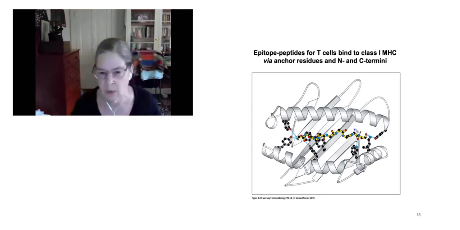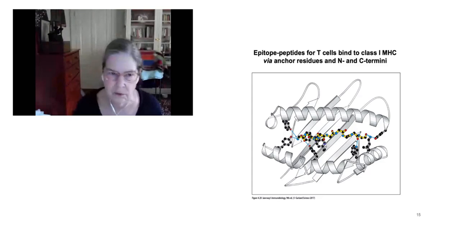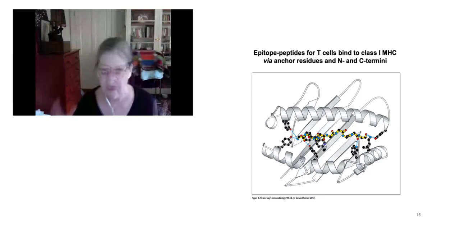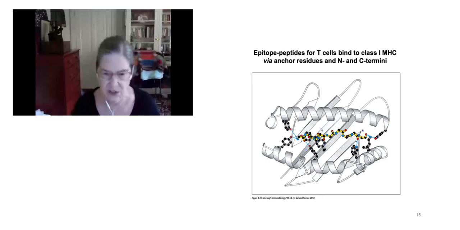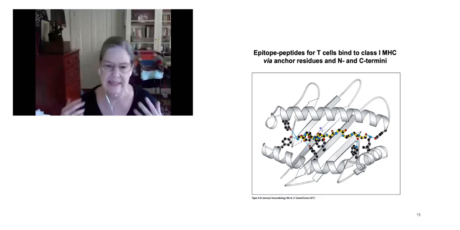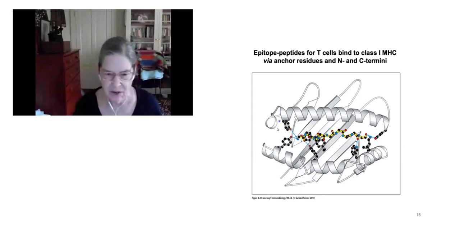So this is class 1 MHC. It's a short peptide, 9 to 11 residues long or so. And the anchor residues are particular side chain interactions that are allowing this peptide to stick into the MHC molecule. And in the original Nature article, they said this whole thing looks like a hot dog bun, and this looks like a hot dog inside the hot dog bun.